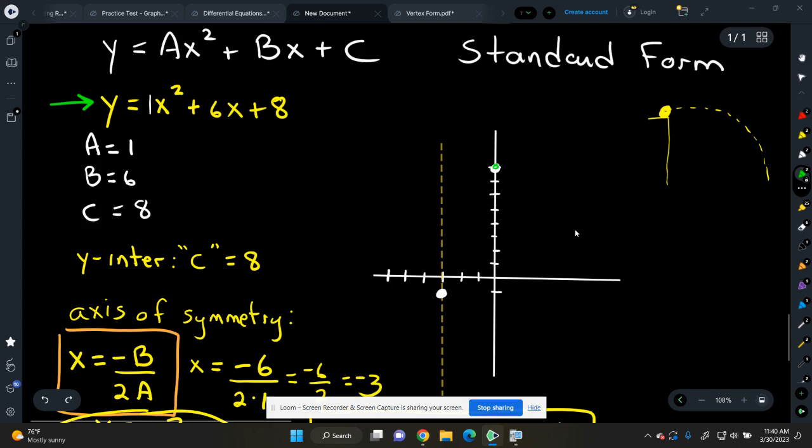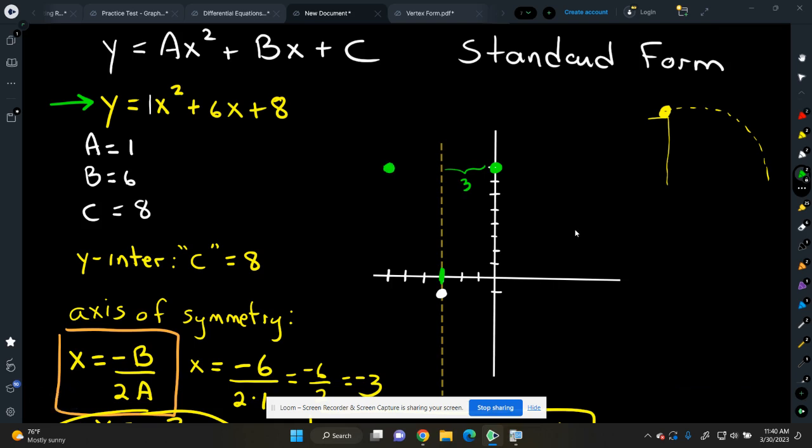Notice this point right here where it crosses the y-axis. How far away is that from this axis of symmetry? How about 3? It's 3 because this is negative 3 right here. It's 3 units away. So if I were to fold my paper over on that dotted line, I would get another point 3 units away from that axis of symmetry.